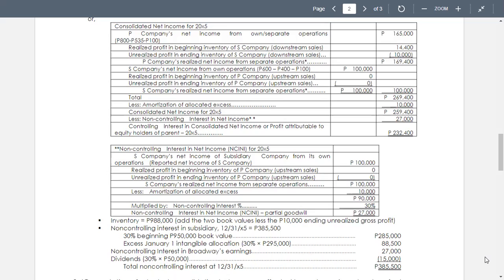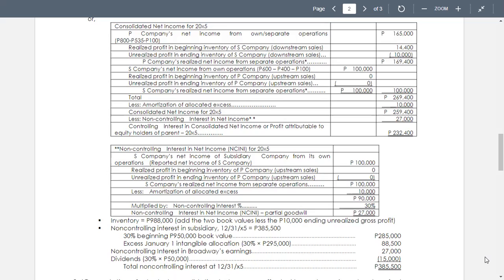So 88,500, and then we have the non-controlling interest in the earnings of 27,000, and we have the dividends given at 30%. So the dividends given is stated to be 50,000. That's the dividends given by BW. So we have the amount of 15,000.